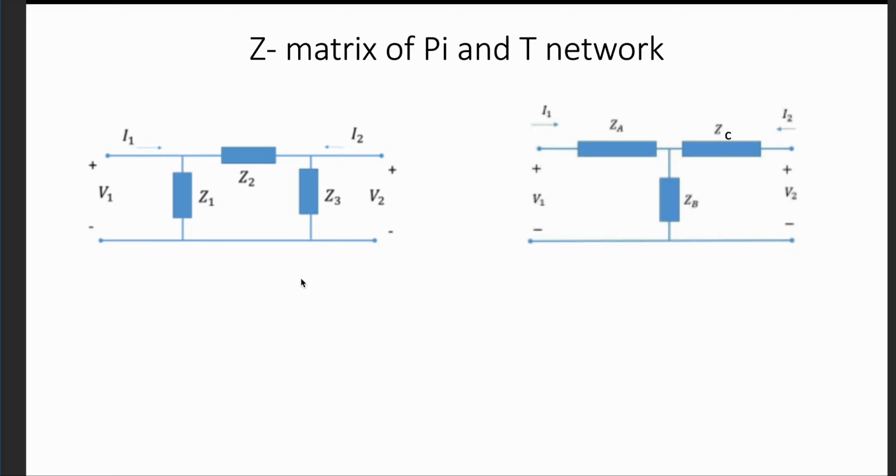So first you can try by yourself what the Z11 and Z21 parameters of this pi network will be. You can give it a shot, and then we will go step by step on how to solve the Z matrix of this given pi network. Maybe you can let me know what the Z11 and Z21 of the first pi network circuit are.